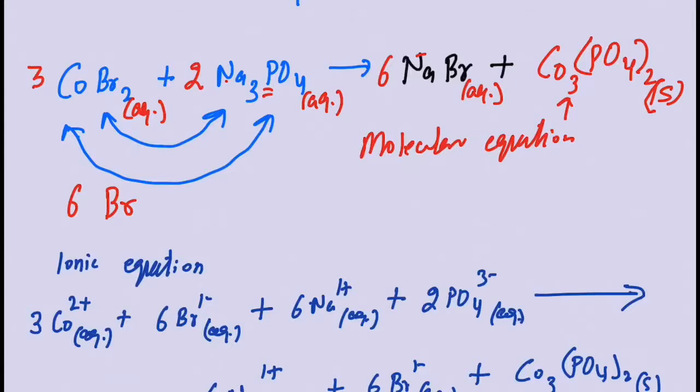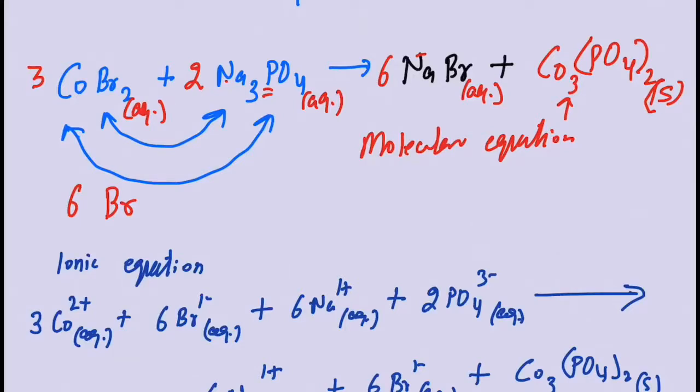Okay, well, this is going to be your ionic equation, and when you're writing the net ionic equation, you have to go back and cancel out any common ions in the ionic equation. So net ionic equation would involve only the ones that do not get canceled out.